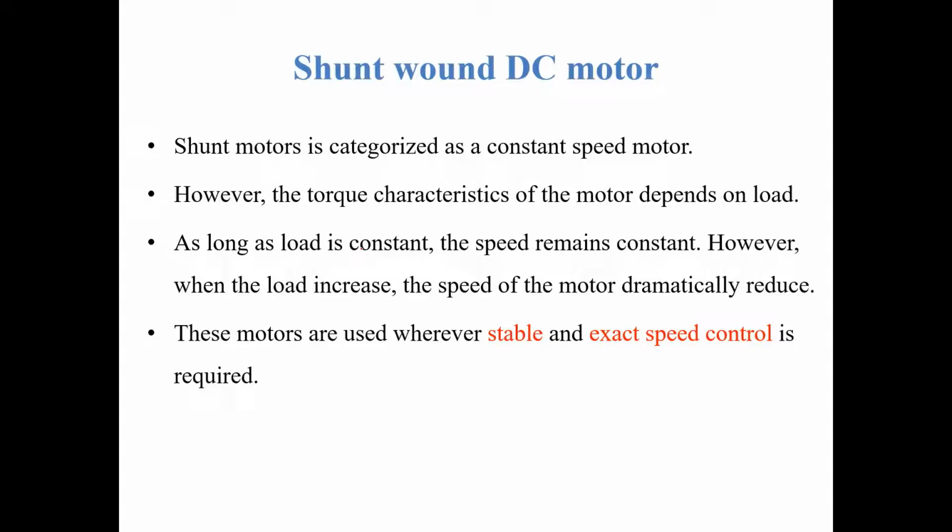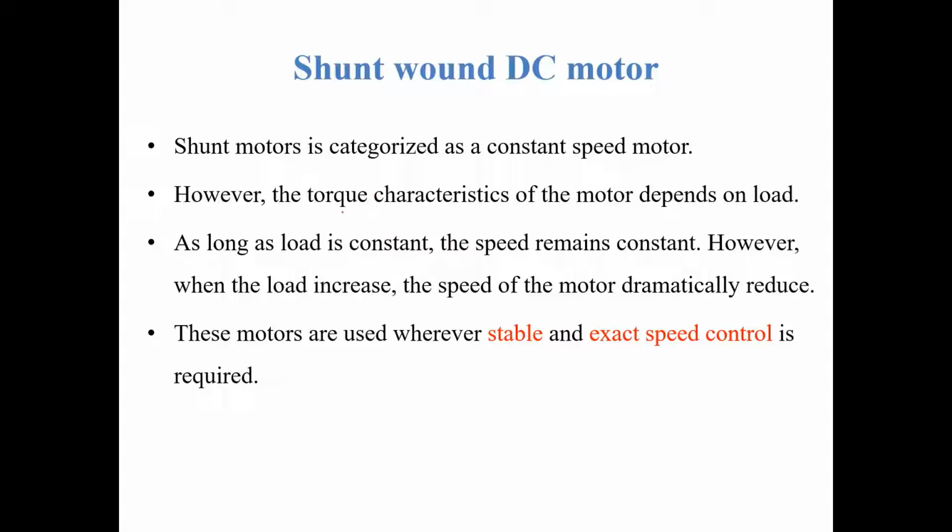The speed of a DC motor usually depends on the load. If the load significantly increases, the speed will decrease. Therefore, all the DC motors are load dependent motors. That's one of the disadvantages of a DC motor.